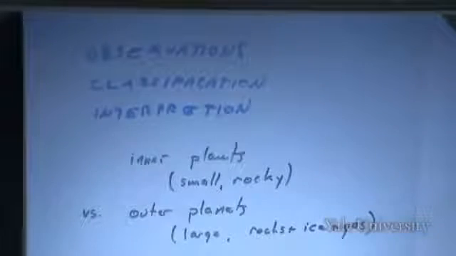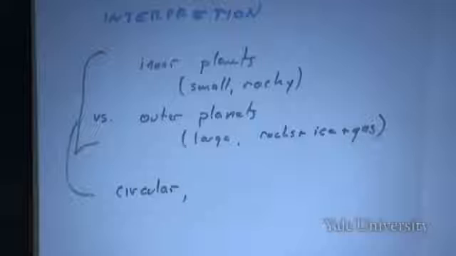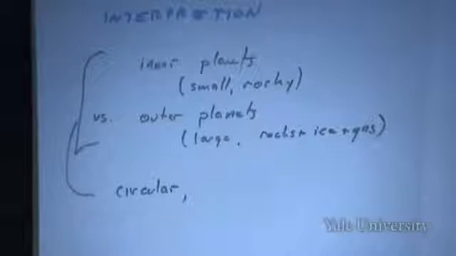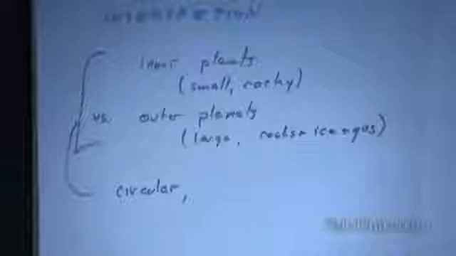And these things are in wider orbits, but the orbits of both of these are basically more or less circular, not precisely circular. They're actually elliptical, but quite close. And they're all in the same plane. That is to say, they're all going around the same way. There's nothing going this way instead of this way. So they're circular and coplanar.